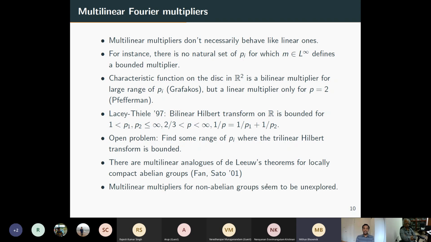Luckily, there are multilinear analogs of the de Leeuw theorems. For restrictions, everything still works perfectly well, even in the abelian setting at least. But the non-abelian case really seems to be completely unexplored.